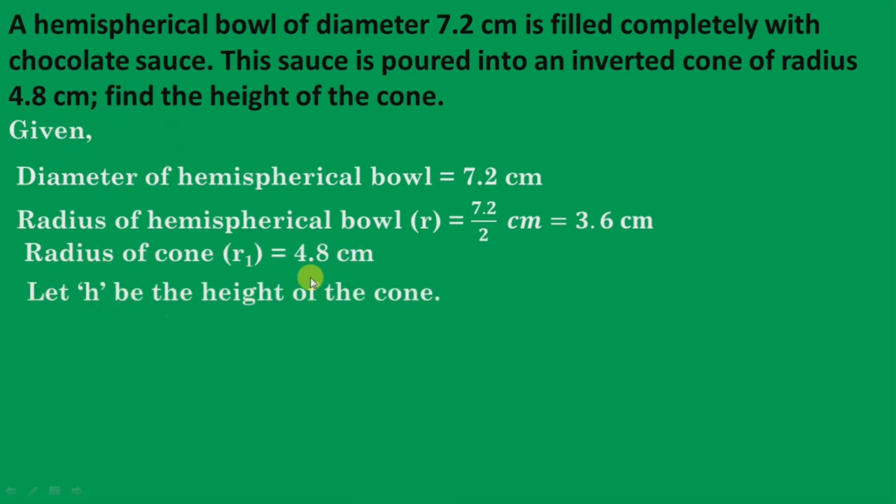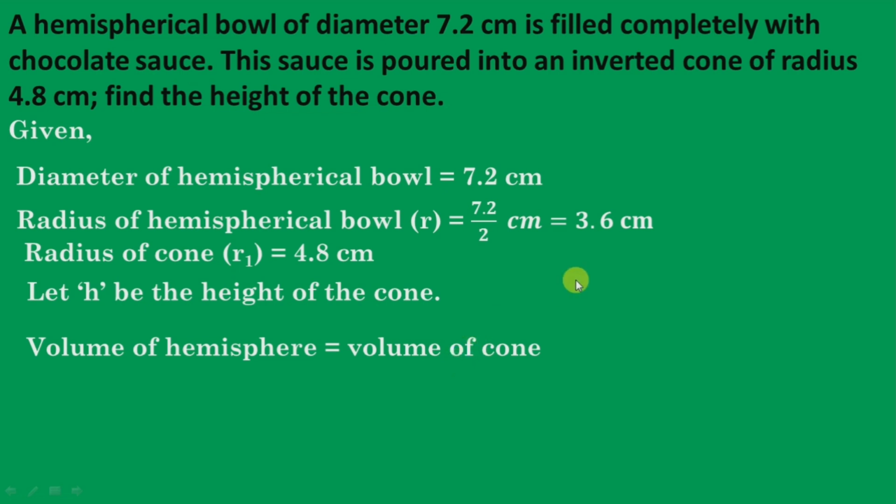Let h be the height of the cone. According to the problem, volume of hemisphere is equal to volume of cone. Volume of hemisphere is 2 by 3 pi r cube is equal to volume of cone, which is 1 by 3 pi r1 whole square h.